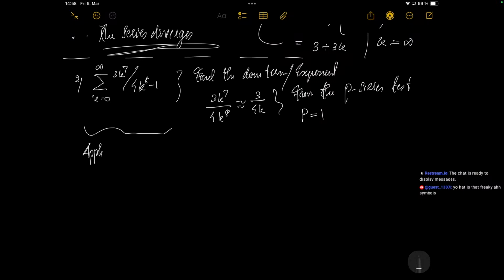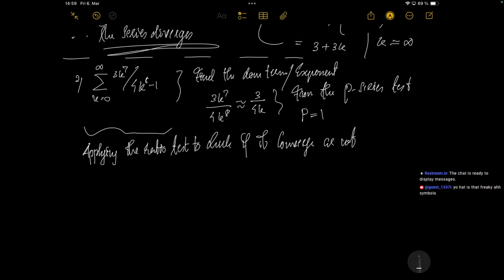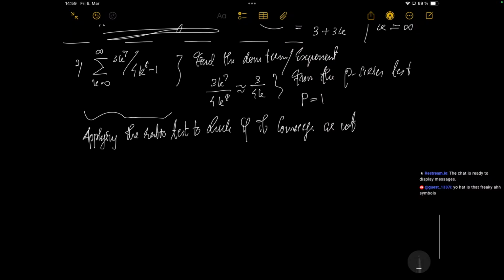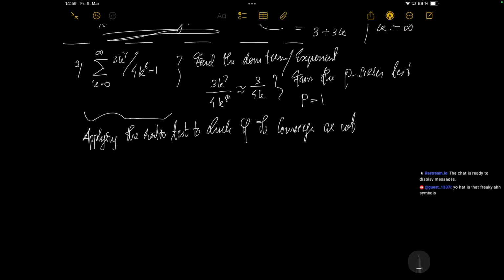Applying the ratio test to check if it converges or not. No, is it ratio test? It's not ratio test. It was a convergence test, right?